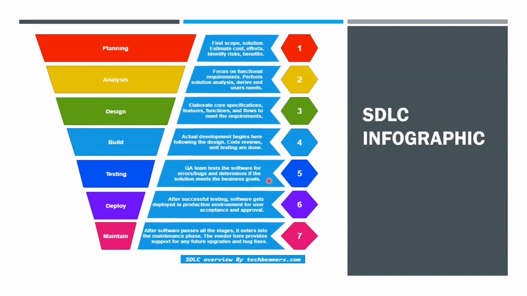Once the tester goes through this process and tests the product and provides what is called a sign off, it moves into the deployment phase. After successful testing, of course, the software gets deployed in production. Production is what we call it when it goes live, when the end user is now able to see it.